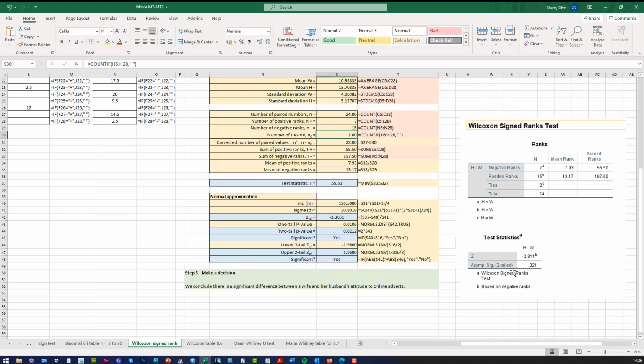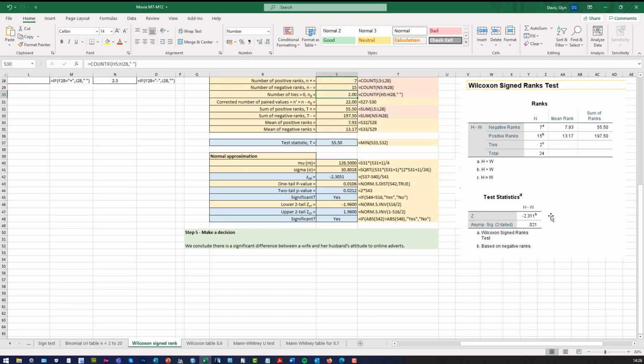Now this is the statistic that we're interested in. So Z is minus 2.311. We had minus 2.305. The difference is that SPSS will take into account any continuity correction for Z, but also it will correct the estimate of the population standard deviation due to tied ranks, which we haven't done.